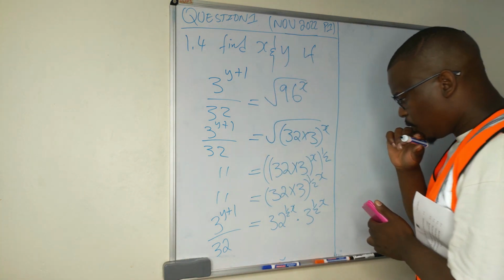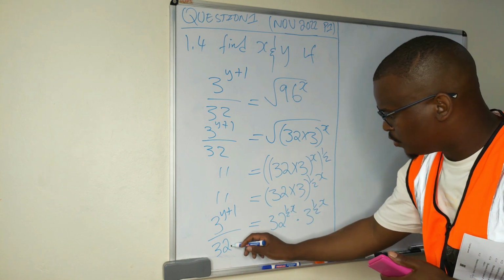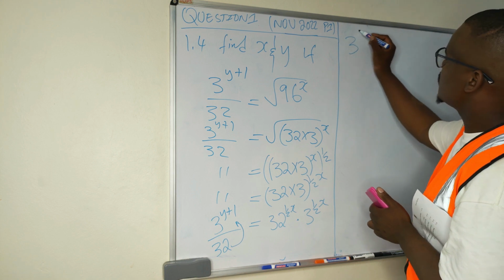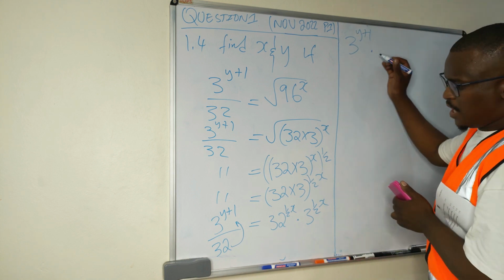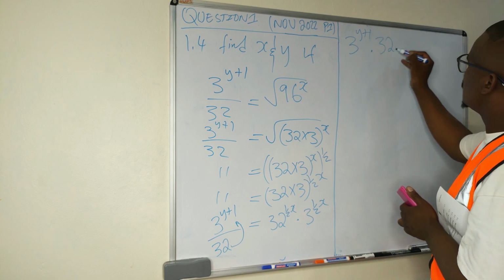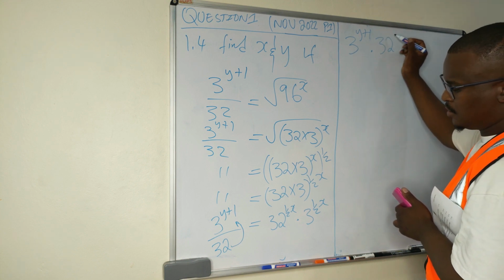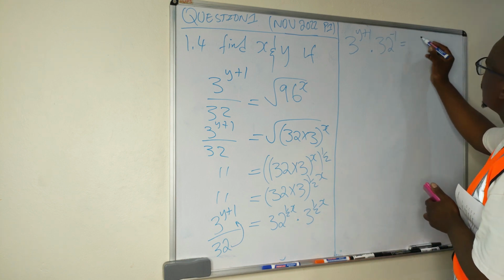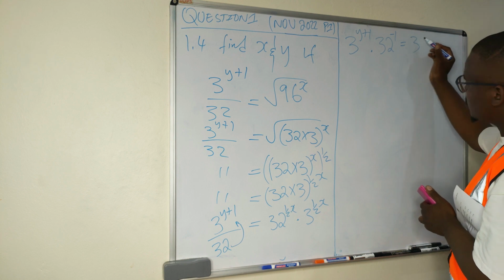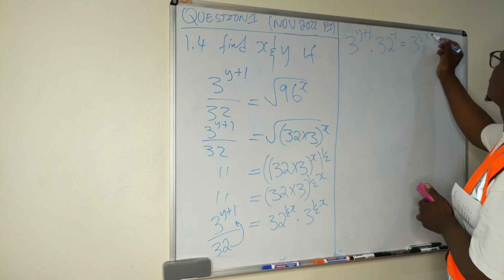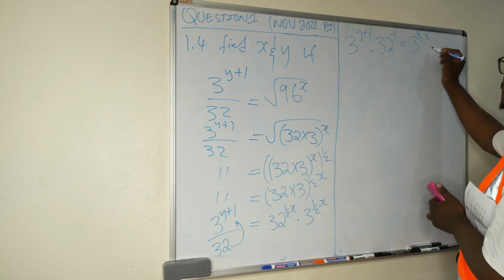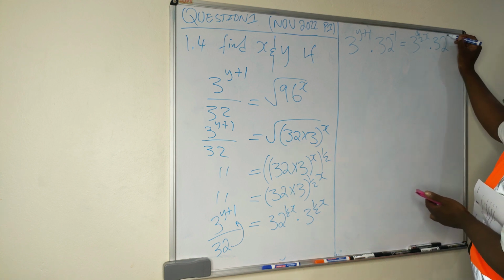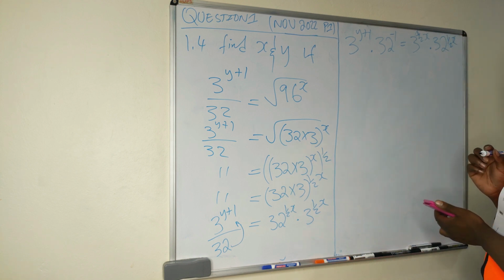So what can we do? We can take this 32 and put it up here to the top. So we'll say 3 raised y plus 1 times 32 raised what? 32 raised minus 1 is equal to 3 raised 1 over 2x, I hope it's visible, times 32 raised 1 over 2x, right?